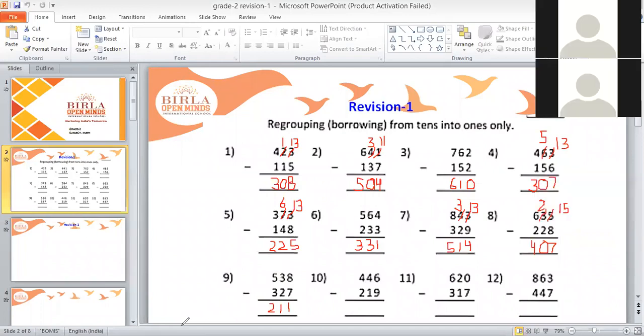Not there. Supratik, you read next question. Supratik? Yes, ma'am. Read question number 10 quickly.